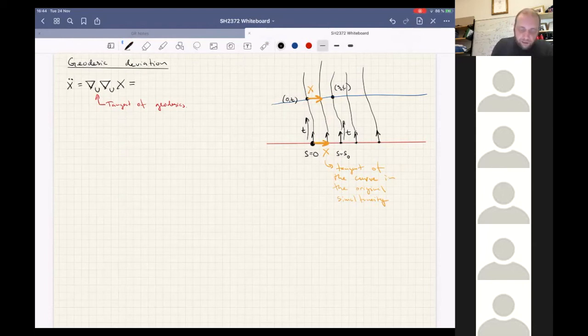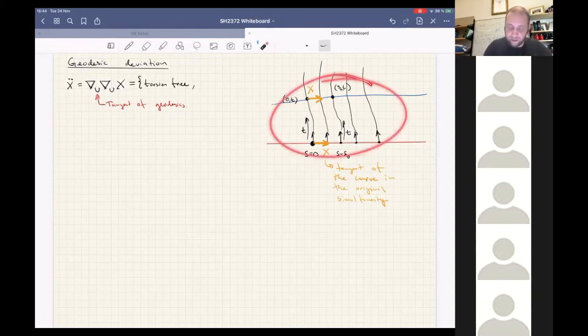And if we use now the facts that we have torsion freedom, and that essentially x and u, if we define the coordinates on this sheet like this, are going to commute. And furthermore, u is a tangent of the geodesic, so nabla u u is equal to 0.